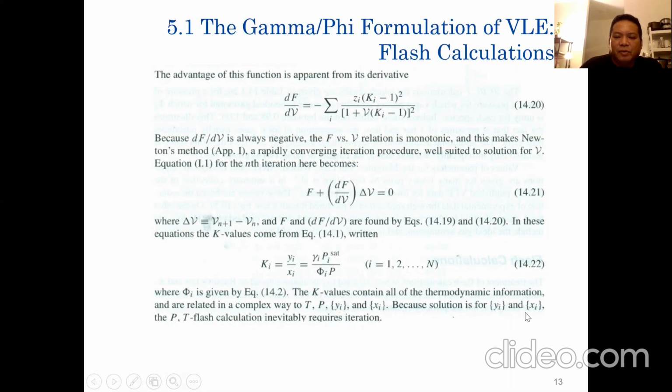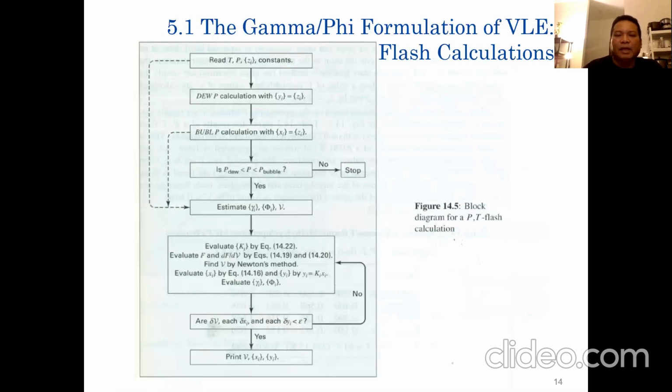Because of this, the solution for the TP flash calculation inevitably requires iteration. Yes, definitely, because we cannot solve directly since it varies, the P and T. So this is the way to calculate the K. So first we did T, P and the constraint.